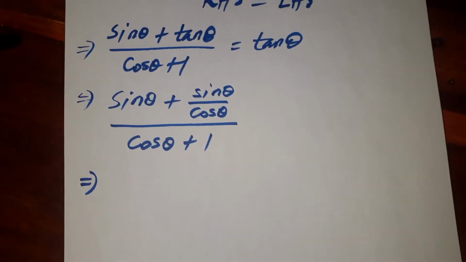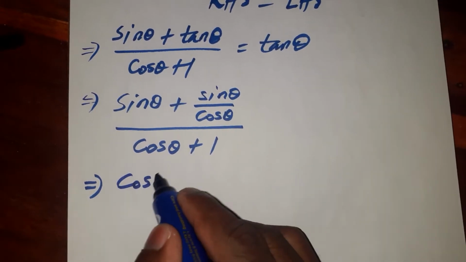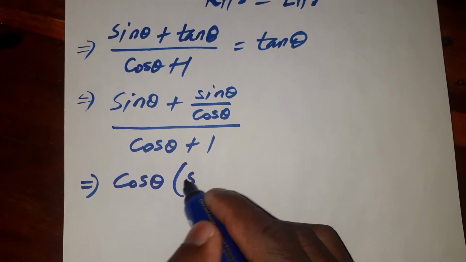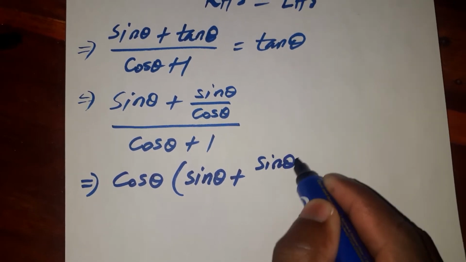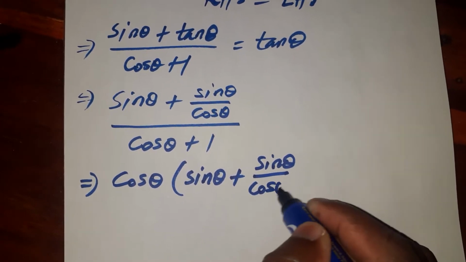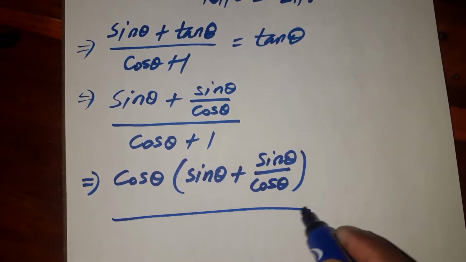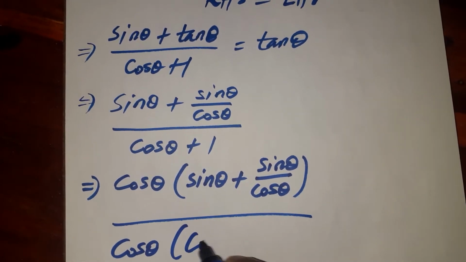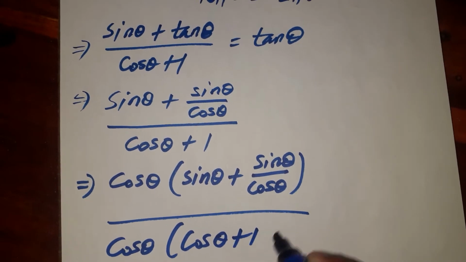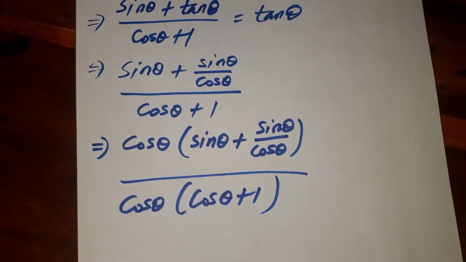Now we're going to write cosine theta times (sine theta plus sine theta over cosine theta) in brackets, and then over cosine theta times (sine theta plus 1).